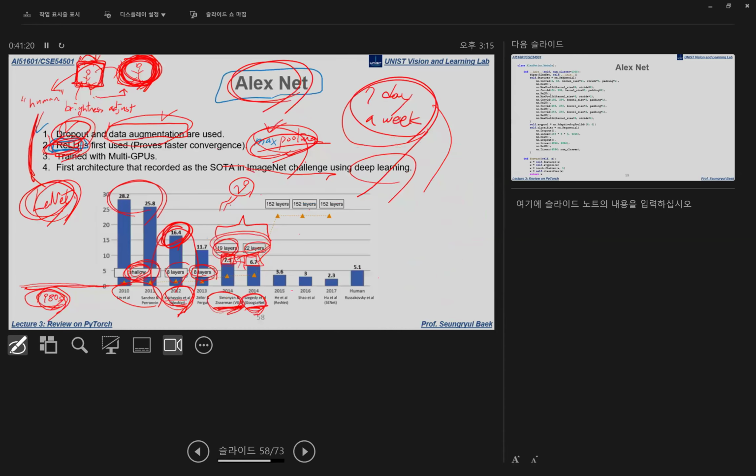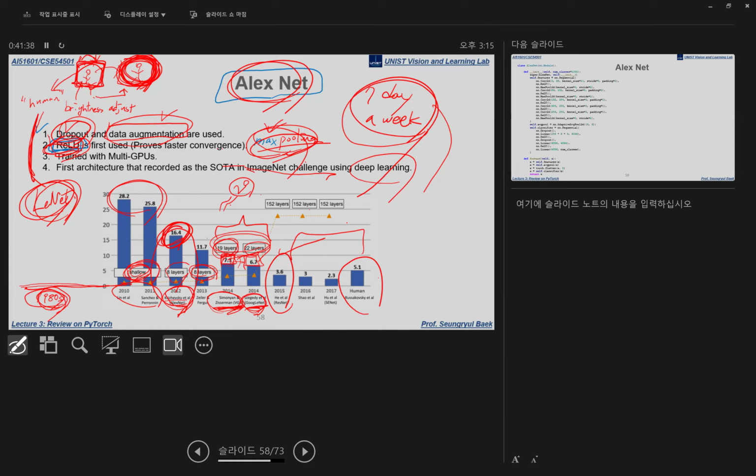And actually, in the year 2015, ResNet achieved a 3.6 percent error rate in image classification, especially for the ImageNet challenge. And that's actually better than the human performance in ImageNet classification.